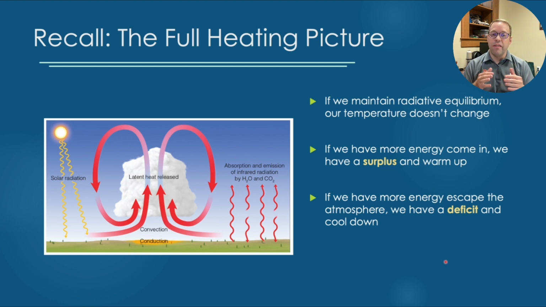If we are absorbing more energy than we're releasing, then we have a surplus of energy and the temperature rises. But if we have a deficit of energy, meaning we're emitting more radiation than we're absorbing, then energy levels will drop and we will cool down.